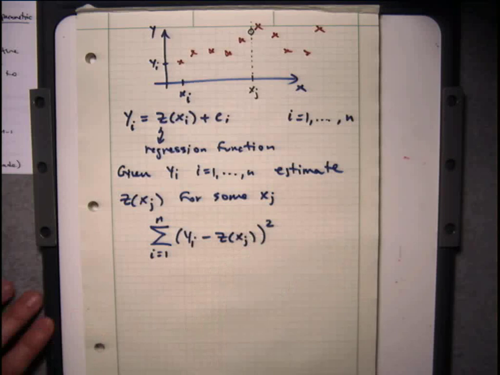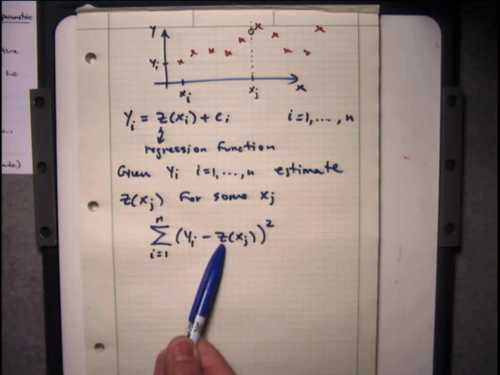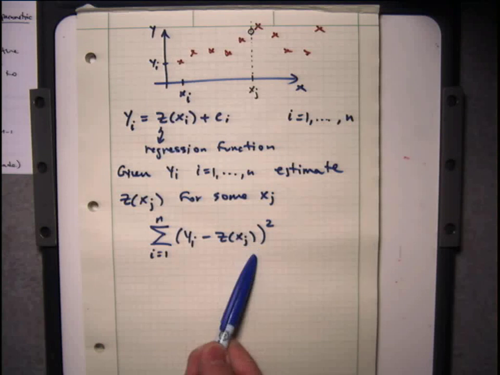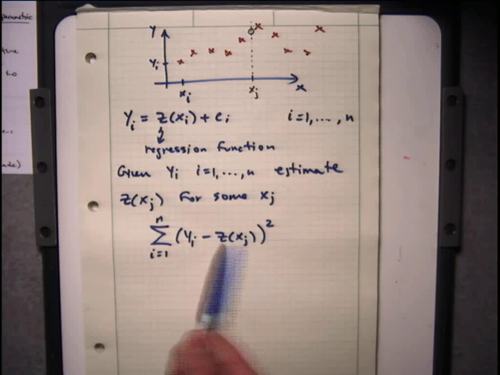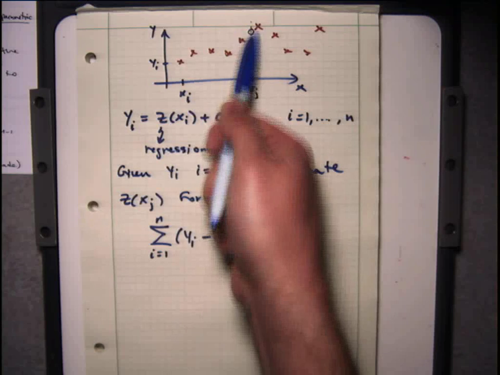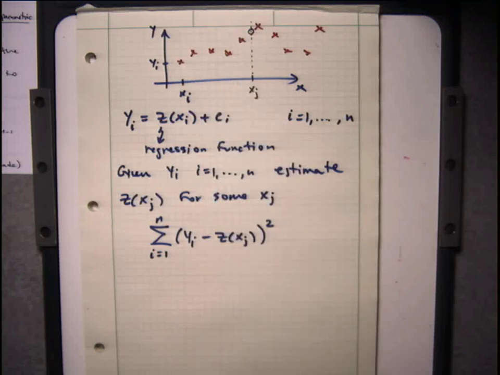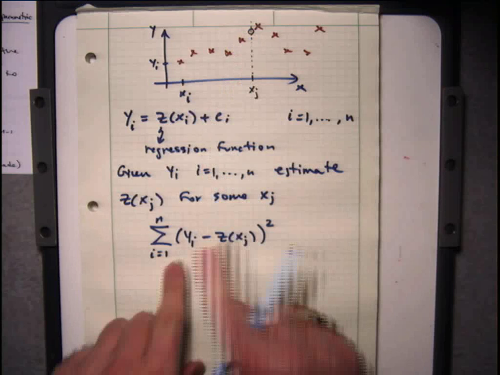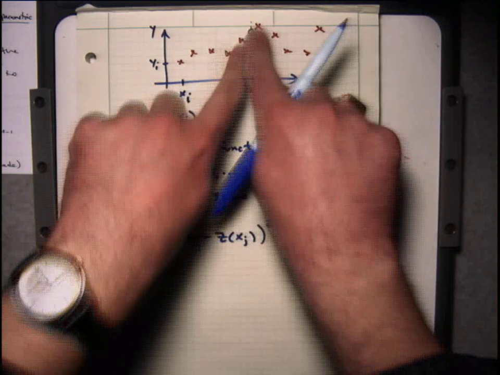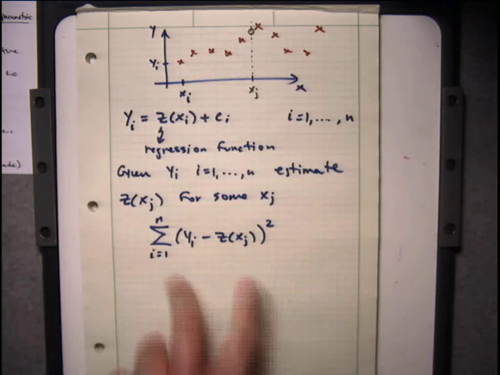Okay? So what I've done is I've said, well, I'm going to pick z at this point, this black dot, in such a way that its distance from the points around it is not too far in the least square sense.